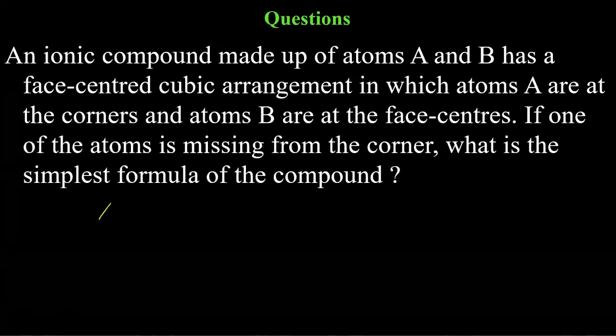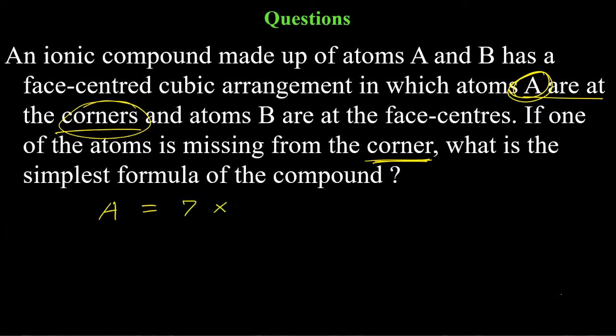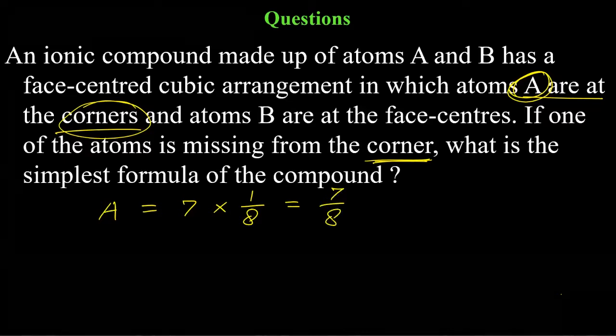It says A are at corners. So normally A would have been 1, but A is missing for one corner. If one of the atoms is missing from the corner, and A are at the corners, that means instead of 8, it will be 7. That's the only thing you have to understand here.